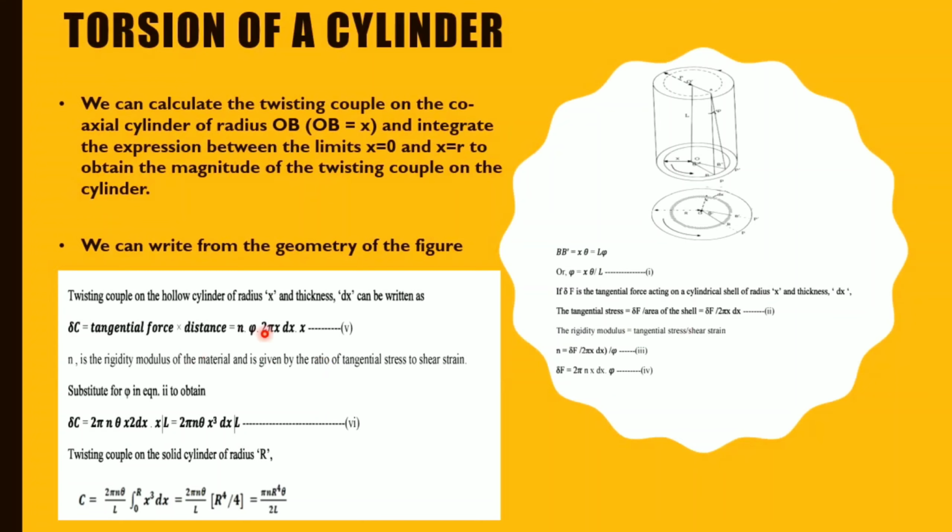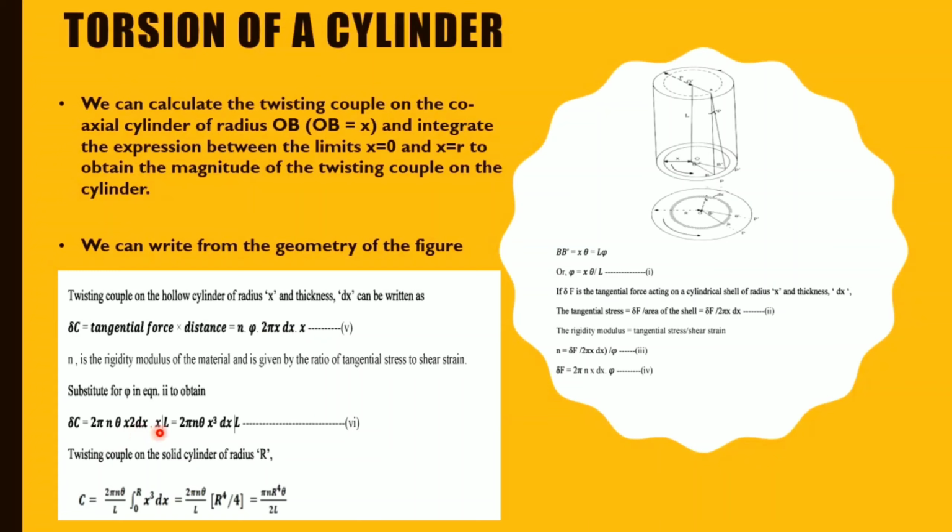Now what we will do in this one is equate this equation, that is, psi equals x theta by L. That means we will substitute the psi equation here. So we get 2 pi N, theta by L, x dx x. See what we are doing: N 2 pi x, dx, x.